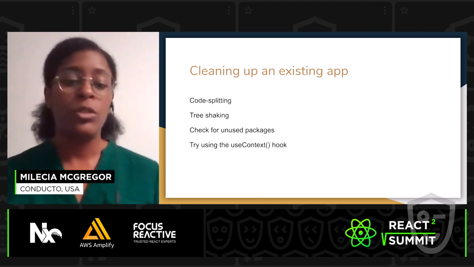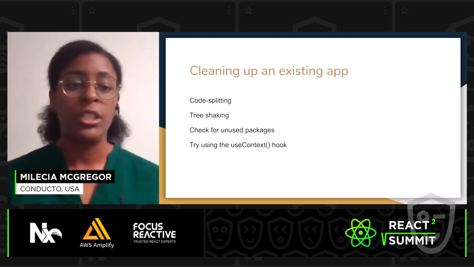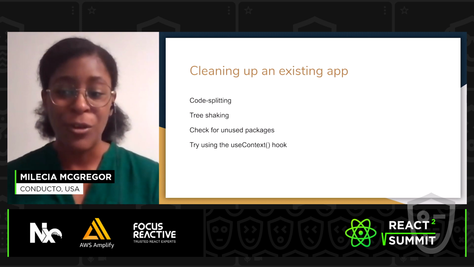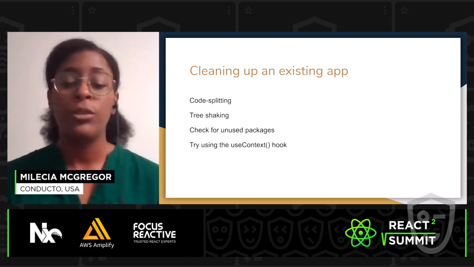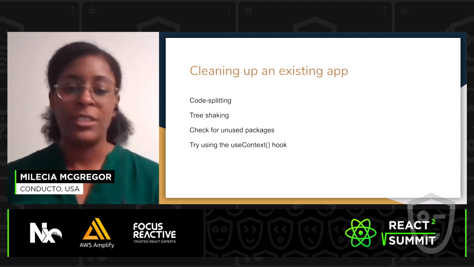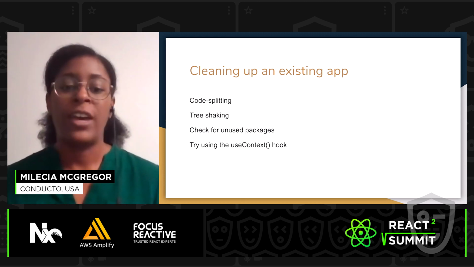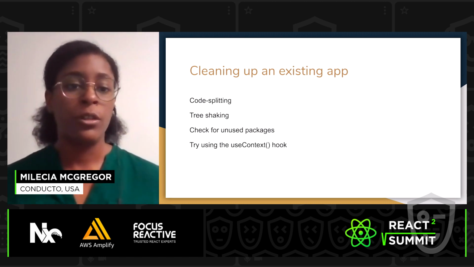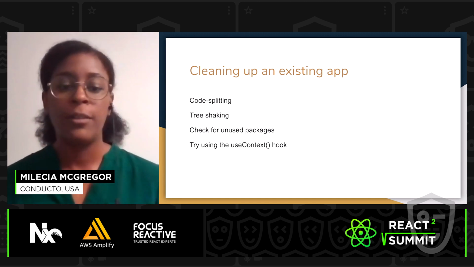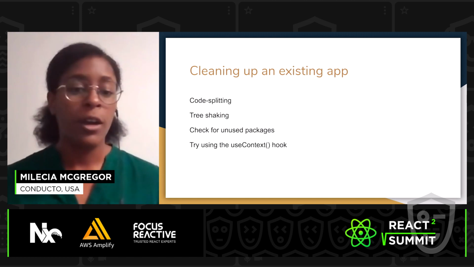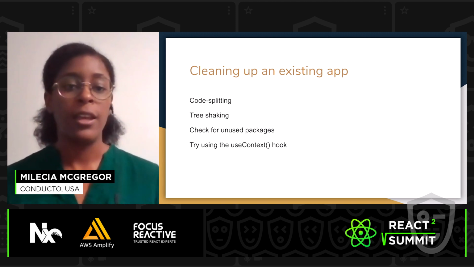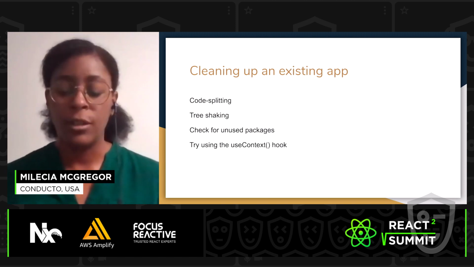But if you do have some data that you need shared between components and you don't want to prop drill, which you definitely don't want to, try using the useContext hook to just pass data between components a lot faster than if you had to do another API call or if you were prop drilling, because it just takes that tiny bit more render time, which of course, over hundreds or even tens of components, compounds and makes your load time a lot, well, longer.